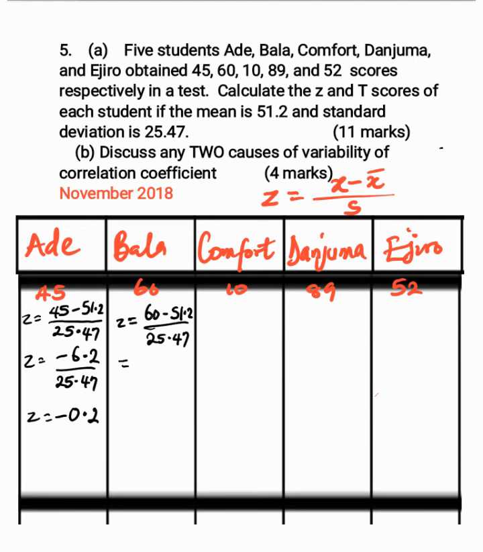So we're going to have 60 minus 51.2 is equal to 8.8, and when we divide it by the standard deviation 25.47, we're going to have approximately 0.3.